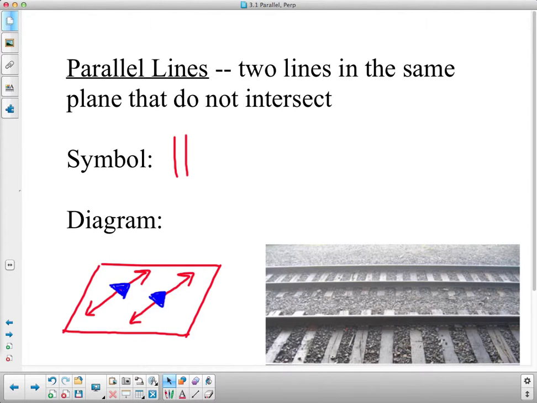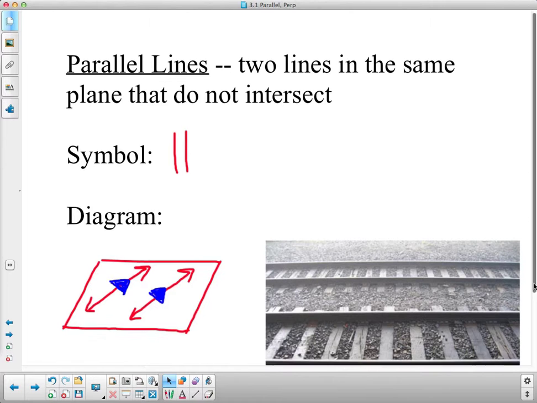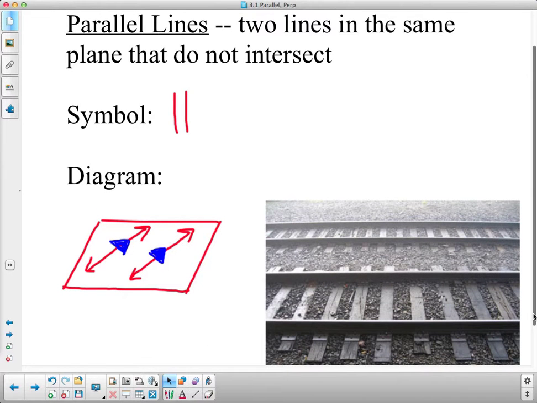What's a plane? It says that they're in the same plane. A flat surface. So you can imagine both of the lines on the floor, or both of them on the front wall, or both of them on the ceiling. Two lines in the same plane that do not intersect. What's it mean if they intersect?